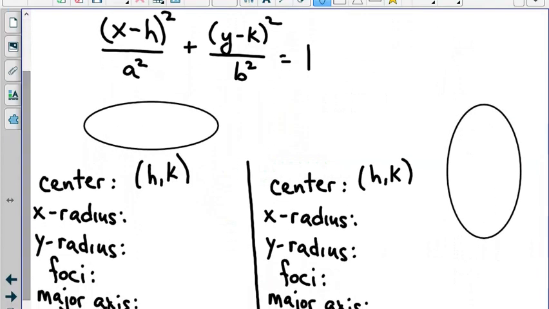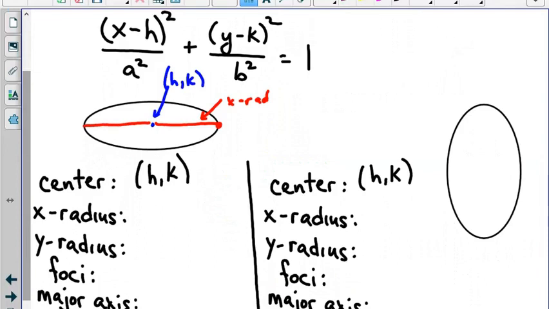So if we take a look at what everything is, the center is obviously the point h, k. The x radius is the length from the center to the edge in either direction. Okay, so the x radius is going to be just this length here.